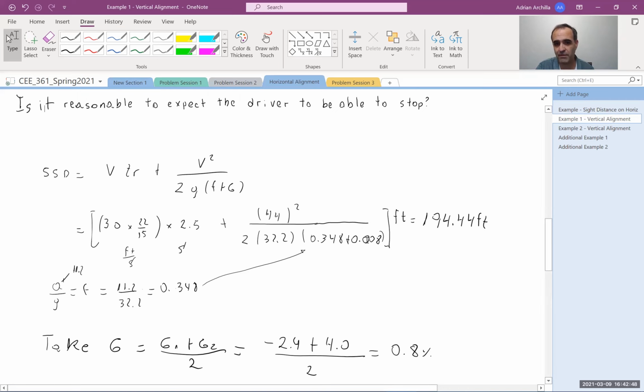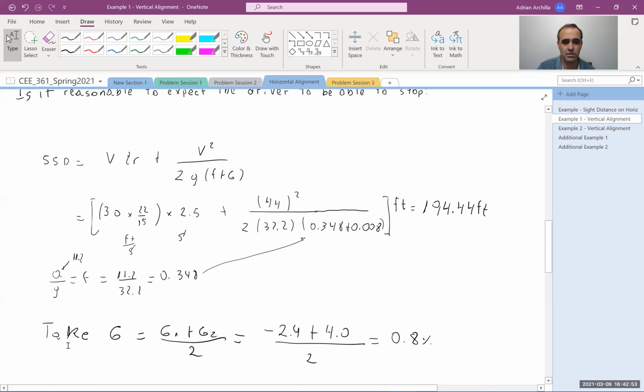You see here, I have a value that is very close to 0, and the reason is because I took the average value of the grade. In this case, minus 2.4 plus 4. We're not taking a difference.